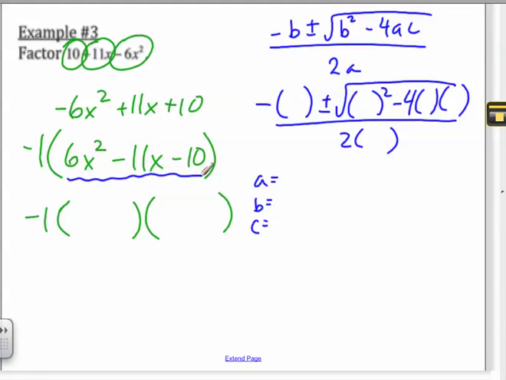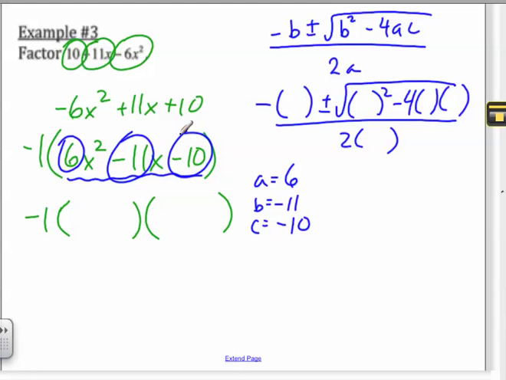Joe? 6. What's b? David? Negative 11. What's c? CC? I'm sorry, what's c? No. Argent? Negative 10. Guys, A, B, C. It goes in alphabetical order that way.